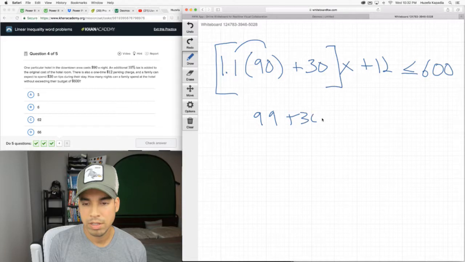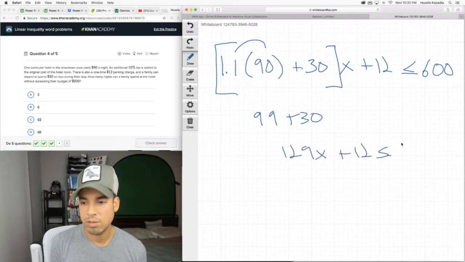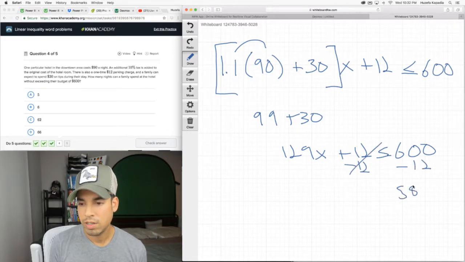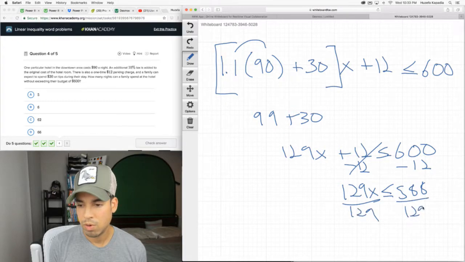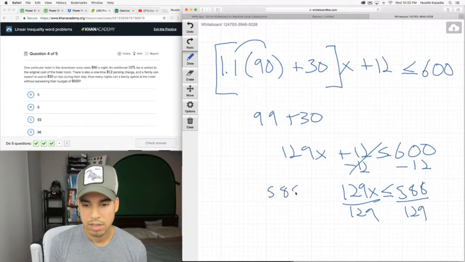99 plus 30, which is 129x plus 12 is less than or equal to 600. Subtract 12. We got 588, 129x. And then now it's 588 divided by 129. You know what?